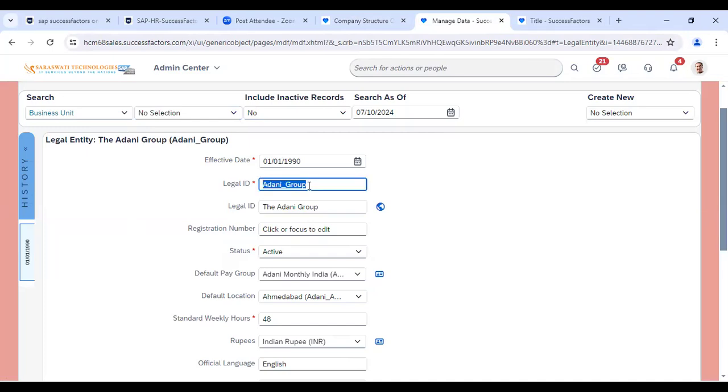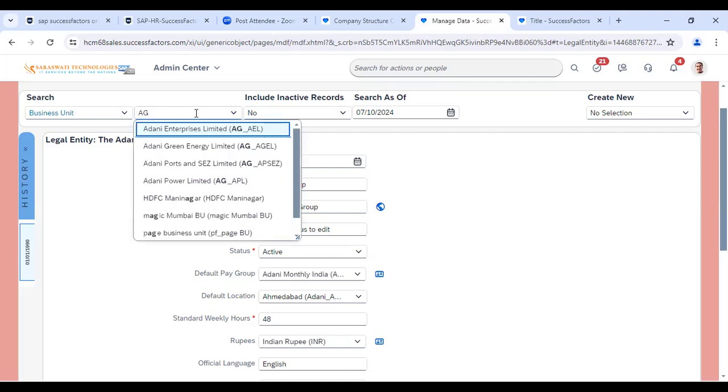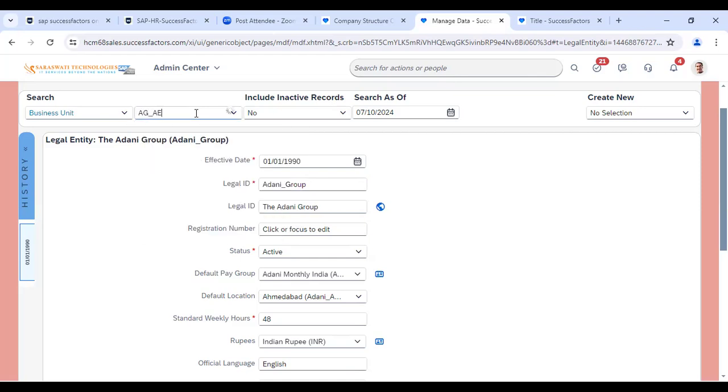You need to drive all the downstream and upstream applications from this code. This code is very important. You cannot use the legal entity name; you need to go from the mapping. If you want to do it for any system, you can go from here. And this is AG underscore AEL.